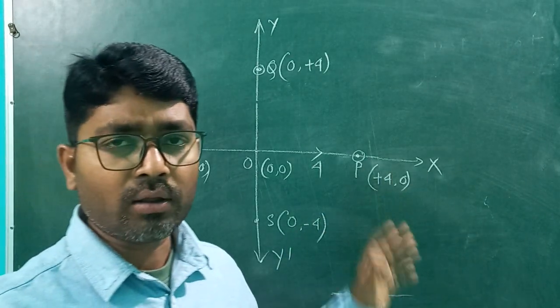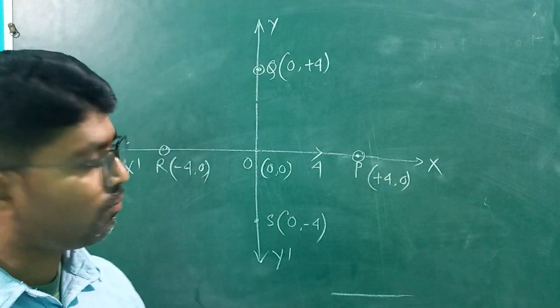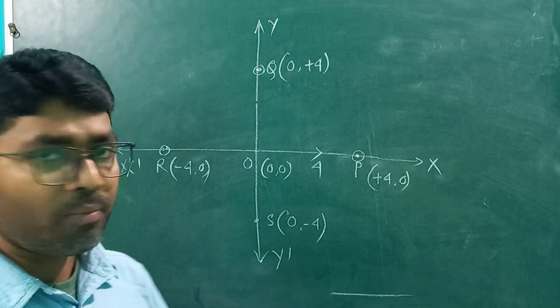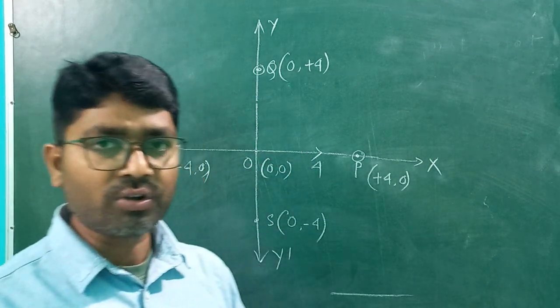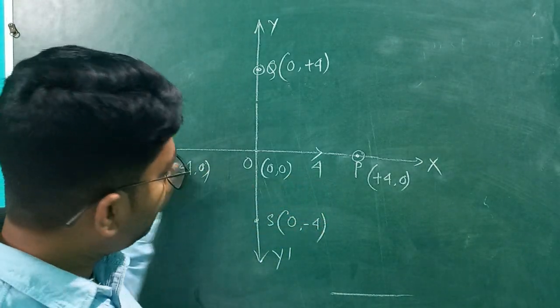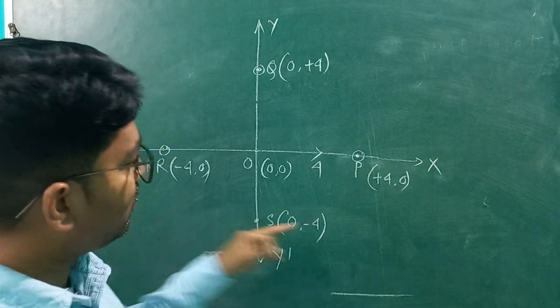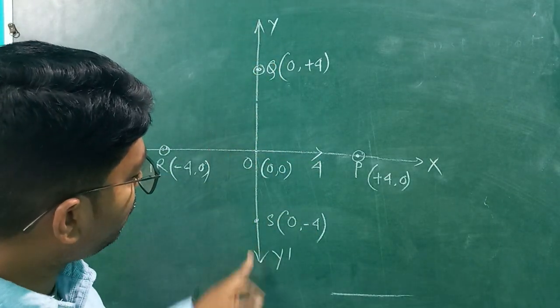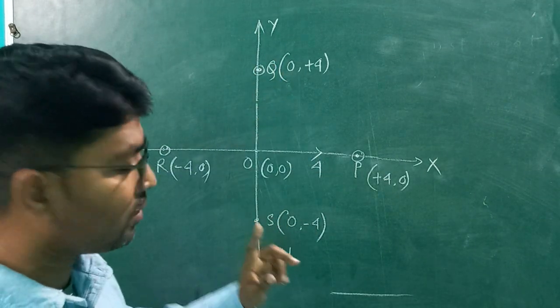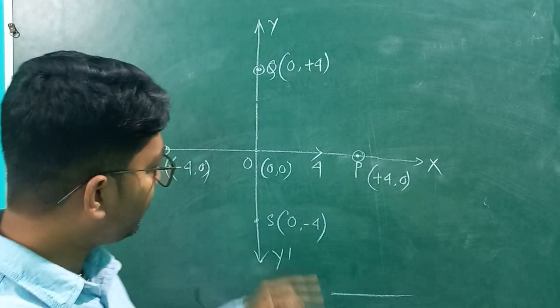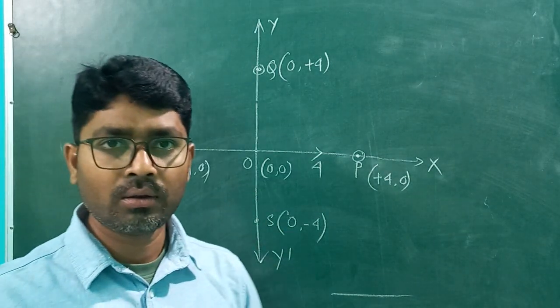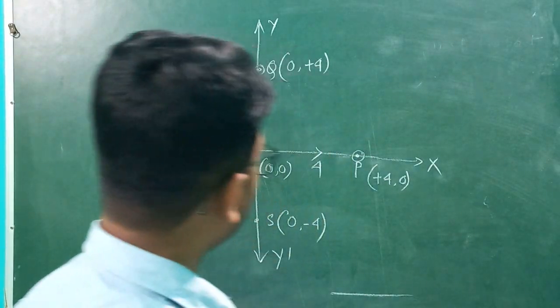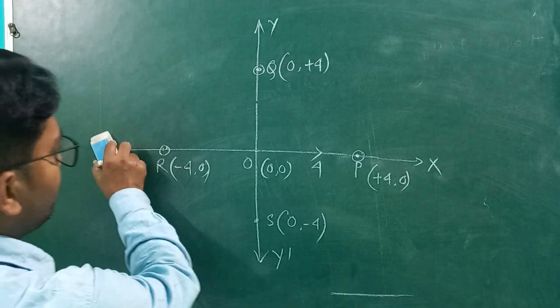So they are the points on the axis. Points on the axis have particular situations. The points which lie on the x-axis have their y coordinates 0, the points which lie on the y-axis have their x coordinates 0, and the coordinate of the origin is 0, 0. So they are our special points.